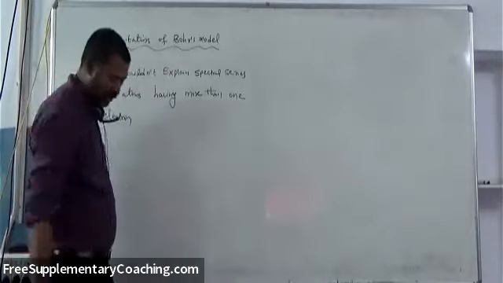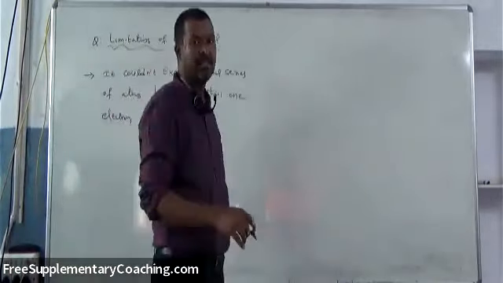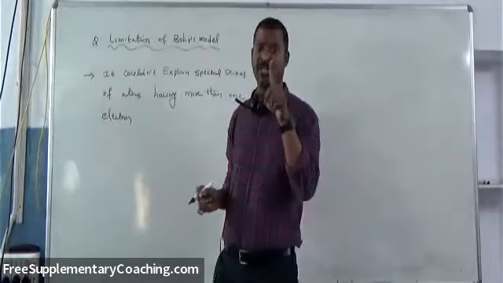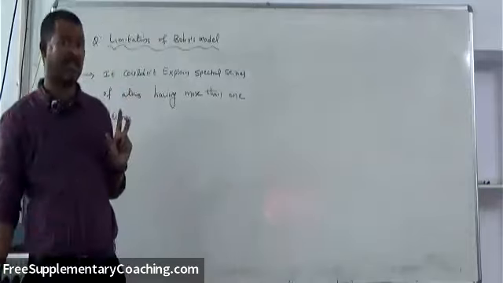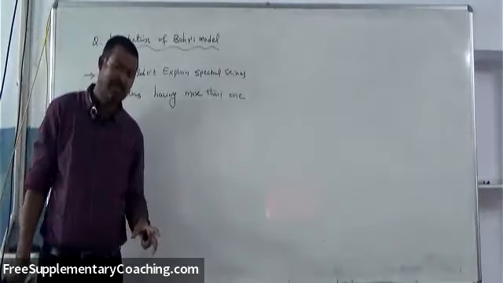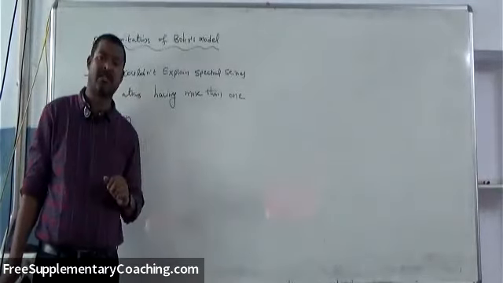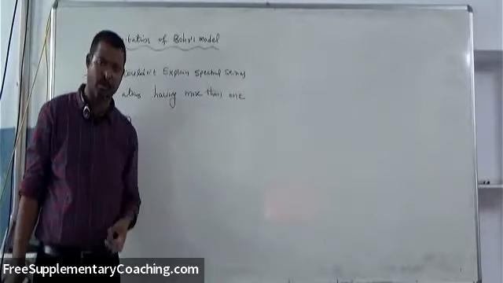Where one electron is there, it can explain, but when more than one electron is there in an atom, that atom also emits a different spectral series, which is not explained by this Bohr model.